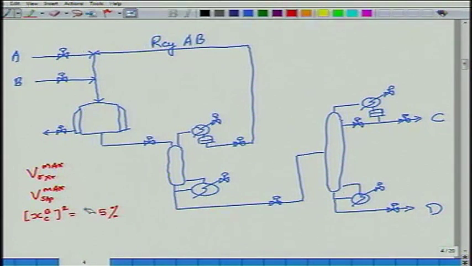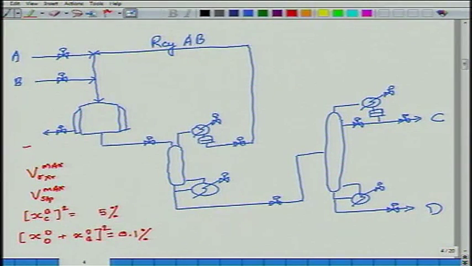So, 1, 2, 3, and of course, we also had, what did we have, X D in the distillate plus X B in the distillate of column 2 should be exactly equal to 0.1%.